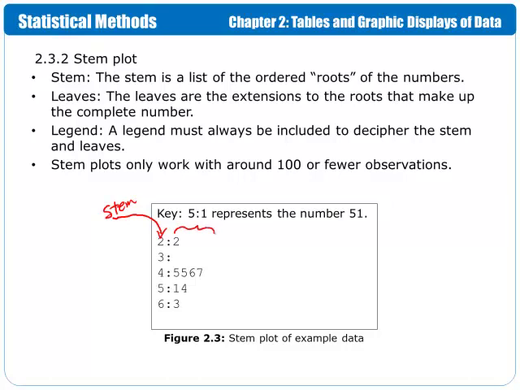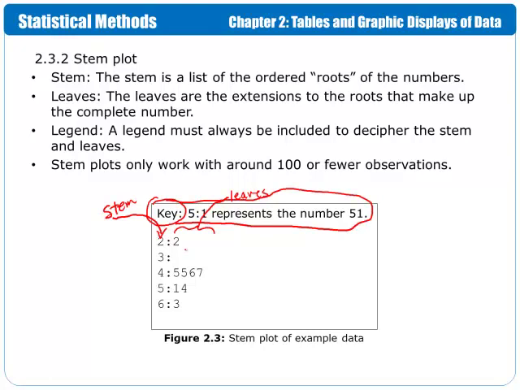So here we have a list of our leaves. We also include a legend which deciphers the stem and the leaves. So for example, we have our key right here. That's our legend.